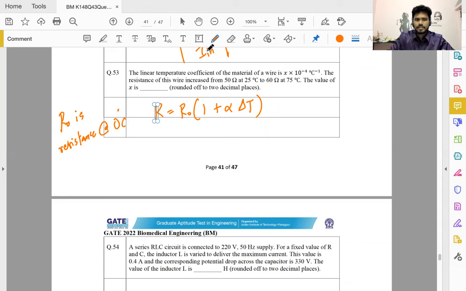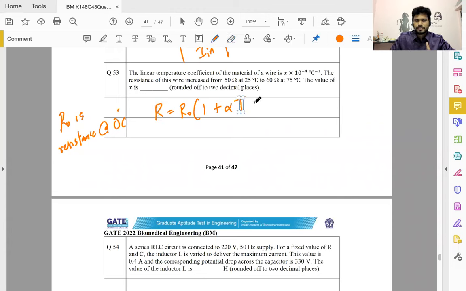In other words, this is a slightly misleading expression. You are calculating changes in degree Celsius. That's all this delta T is. So whatever temperature it is, if it is 75 degrees Celsius, put it there. Delta T is 75. 25 degrees Celsius, put that. If you misinterpret it, you will get 40. So let me write it slightly better.